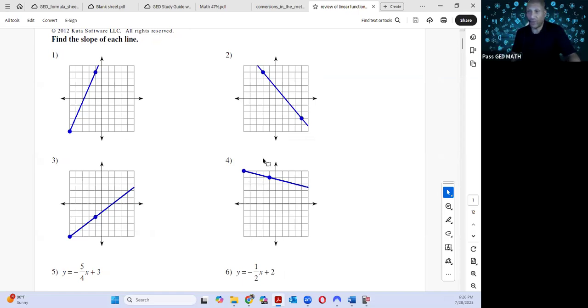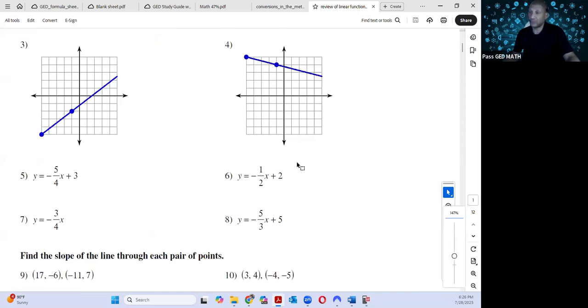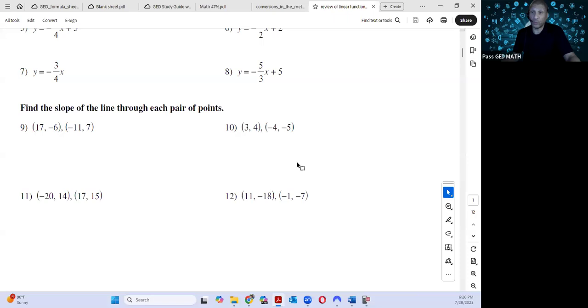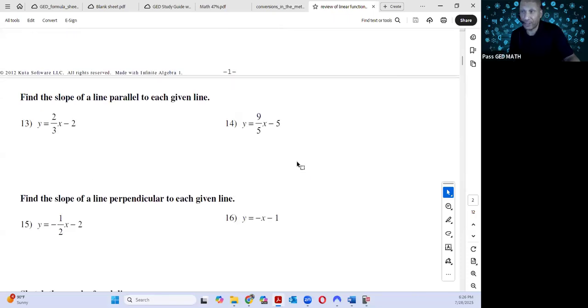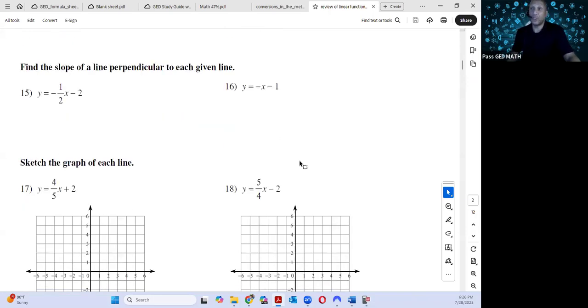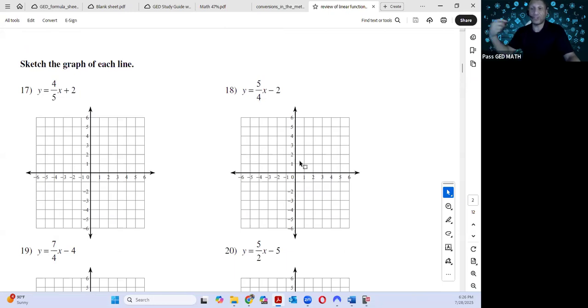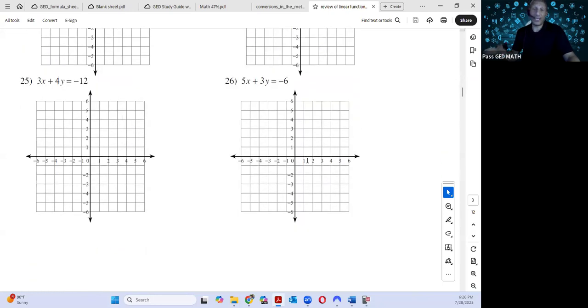Can you find a slope from a graph? Can you find a slope from an equation? Can you find a slope from 2 points? Can you find the slope of a parallel line? Can you find the slope of a perpendicular line? Do you know how to identify the slope and y-intercept from an equation and then graph it? Can you identify the slope and y-intercept from standard form and graph it?